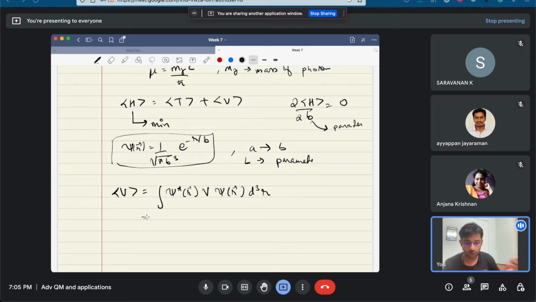So this is an already normalized wave function, so we don't need to normalize it again. Okay, so we put e² by 4πε₀. We can take out 1 by π b³ outside, and then we have our e to the power minus 2r by b.